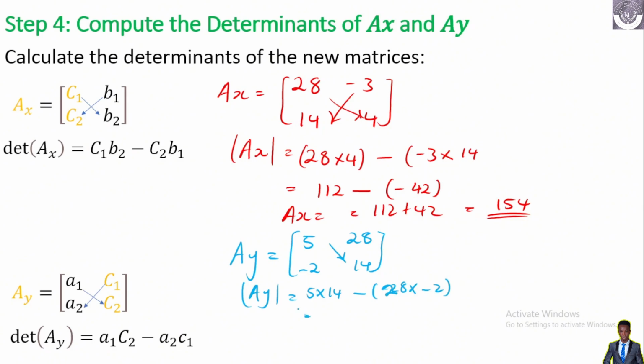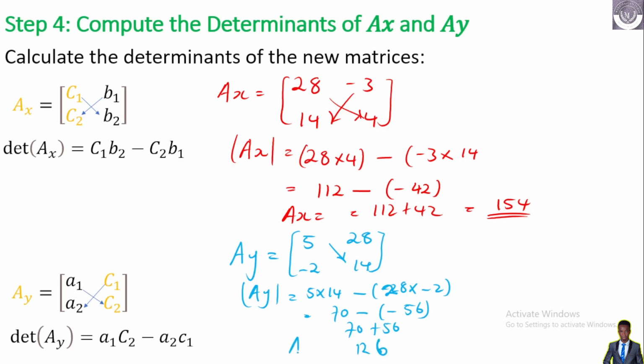So this is going to be 5 times 14 is 70 minus, into, 28 times 2 is 56, minus 56. And minus times minus is plus, so 70 plus 56 is 126.